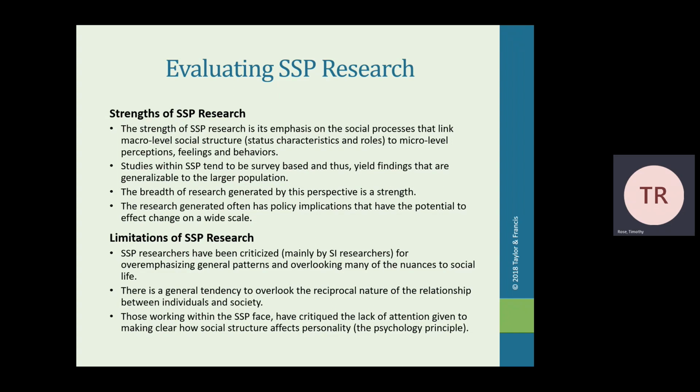SSP research doesn't look at how these individual outcomes in turn replicate large systems of stratification. And those working within SSP have critiqued the lack of attention given to making clear how social structure affects personality. So the fact that it's looking so much at this proximity principle means it is neglecting the relationship between social structure and the psychology principle.